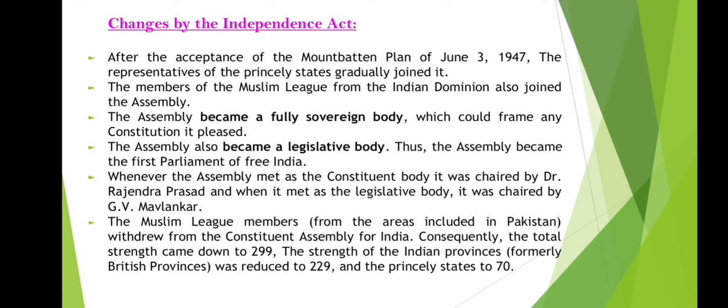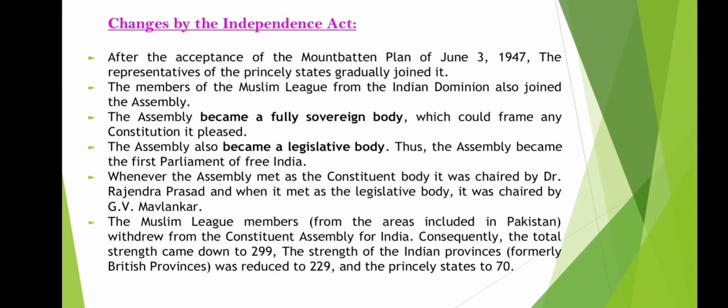There were some changes that occurred by the Independence Act. After the acceptance of the Mountbatten Plan for the partition of India, the representatives from the princely states gradually joined the Constituent Assembly, and members of the Muslim League from the Indian Dominion also joined it, and members of the Muslim League from the Dominion of Pakistan withdrew from the Constituent Assembly of India.